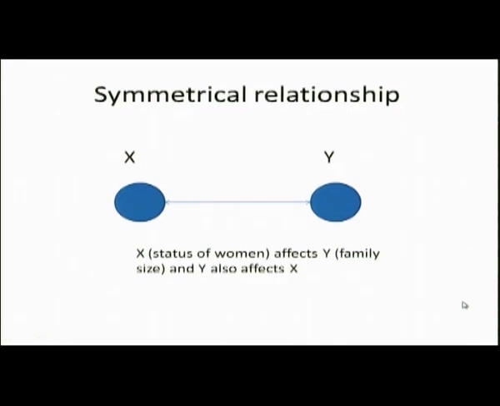This is a symmetrical relationship. X affects Y, the arrow shows the relationship on both sides, X affects Y and Y also affects X. The example I gave was that of status of women. Status of women affects family size.